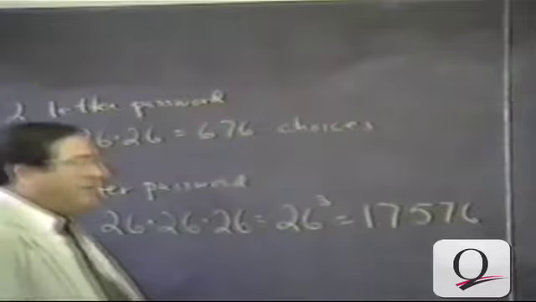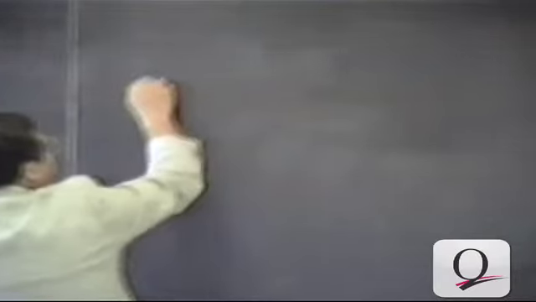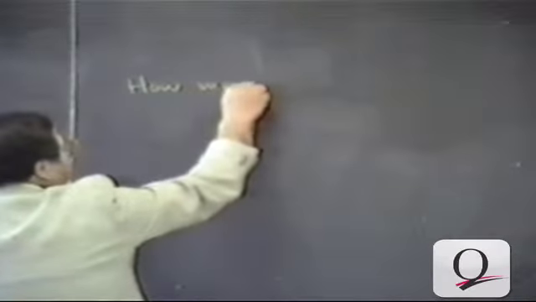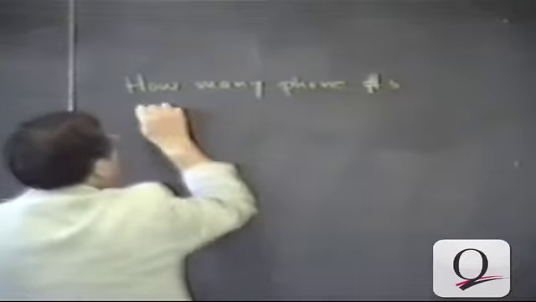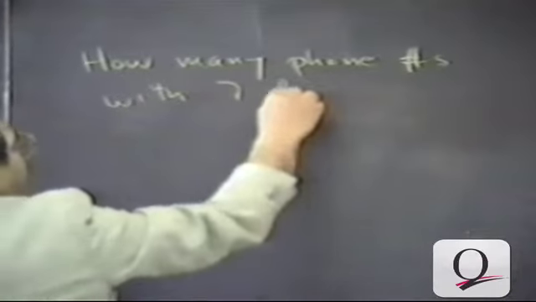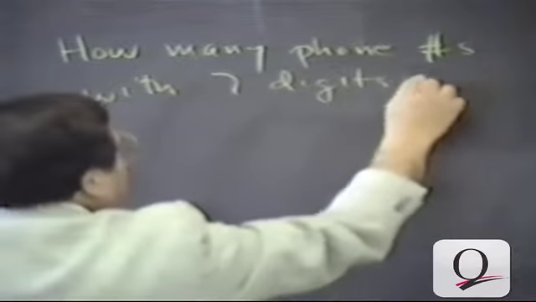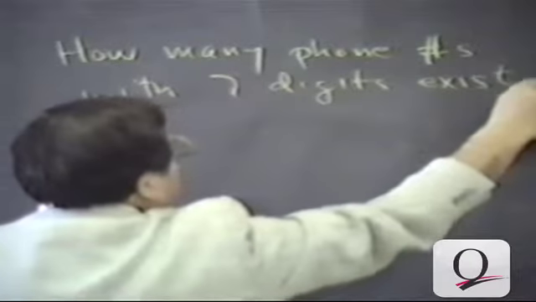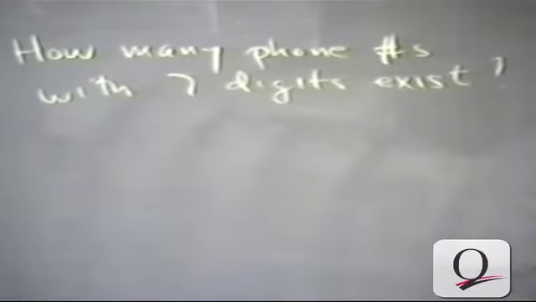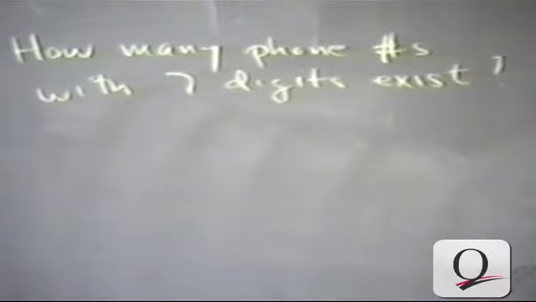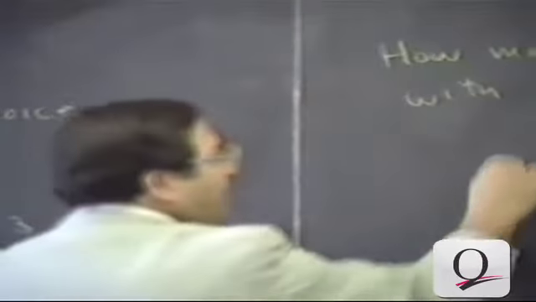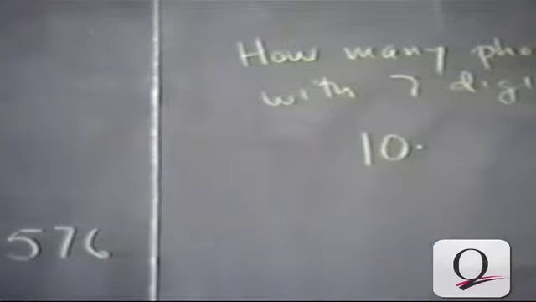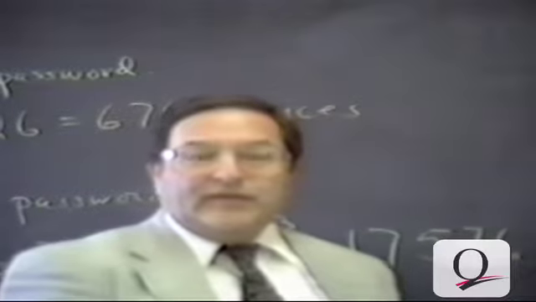Here's another example. How many phone numbers with 7 digits exist? So think about that for a second. Well, you have 10 choices for your first number, because any digit from 0 to 9 could be the first number.